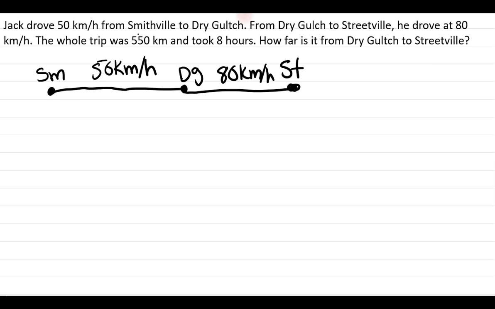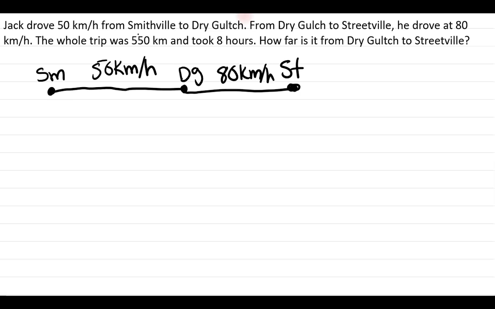And the problem is saying that the whole trip from Smithville to Dry Gulch to Streetville, or basically Smithville to Streetville, was 550 kilometers. And the whole trip took 8 hours.